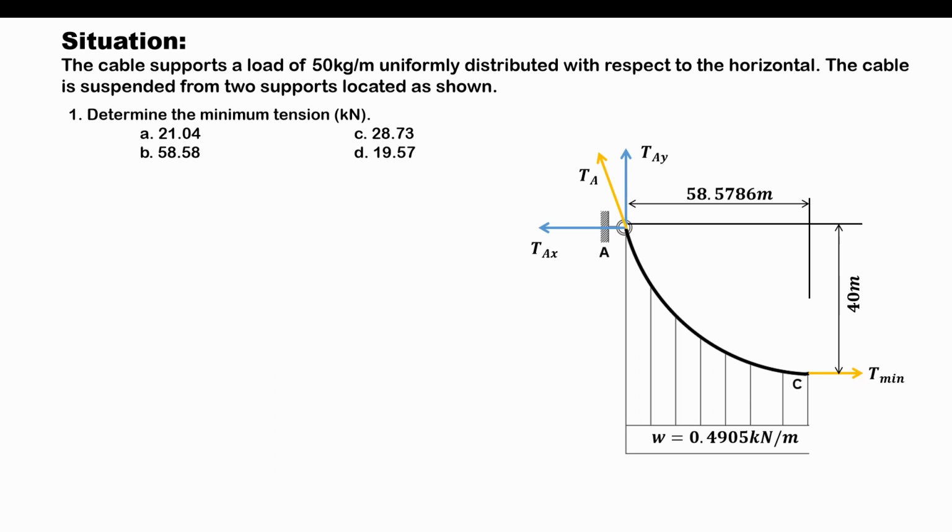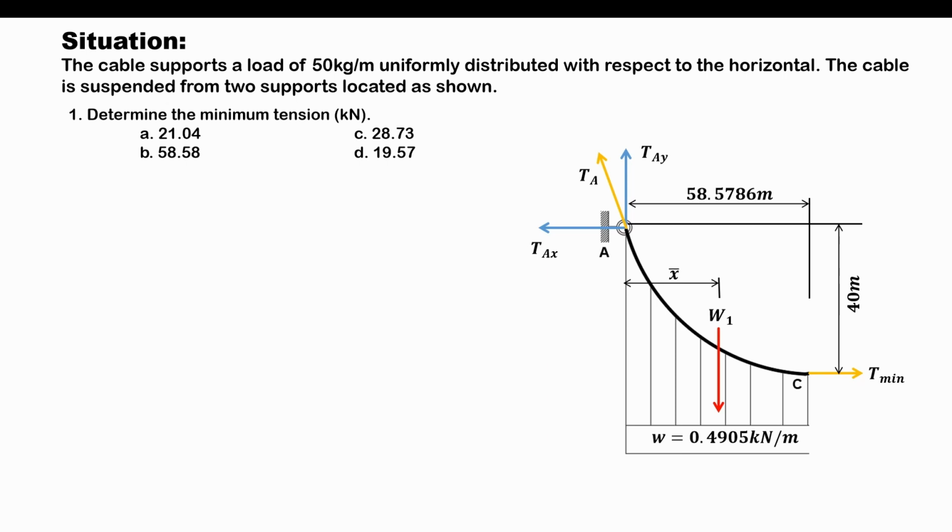So before we do that, let us first consider the resultant of the weight of segment AC, which we've denoted here as W1, and let's denote its distance from point A as X bar.